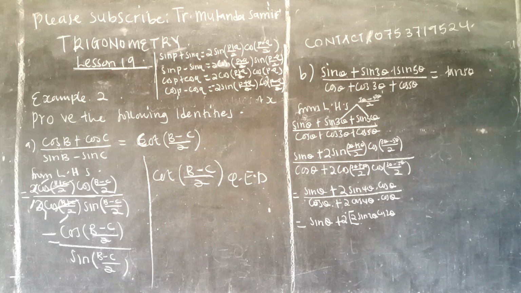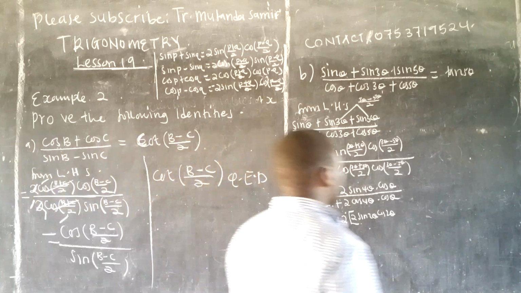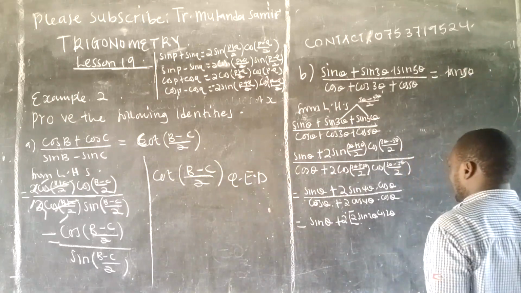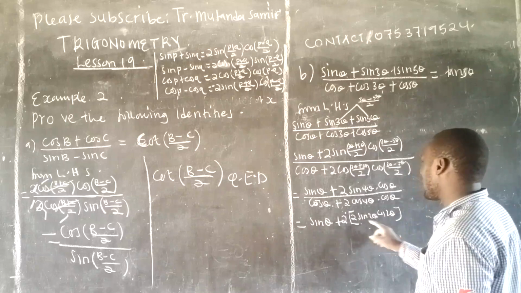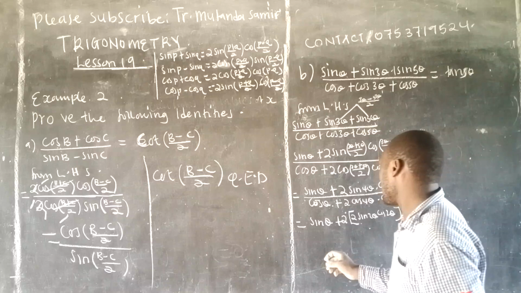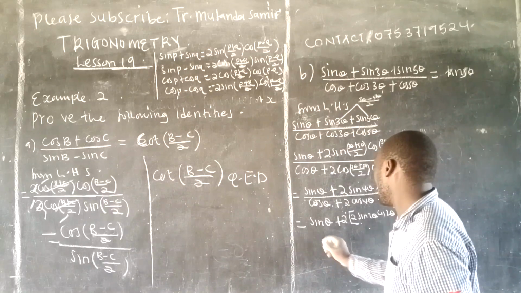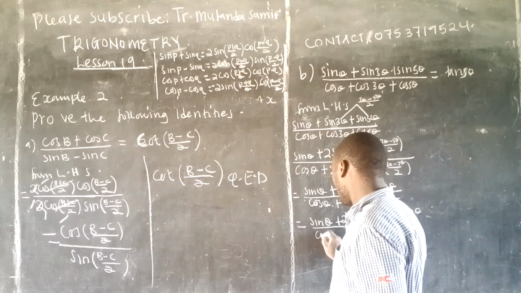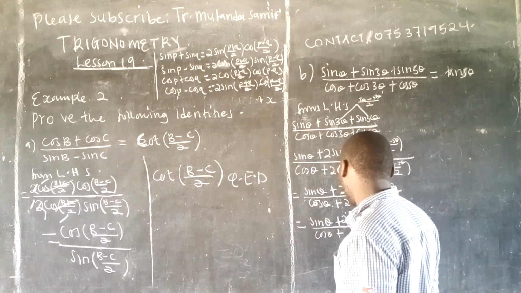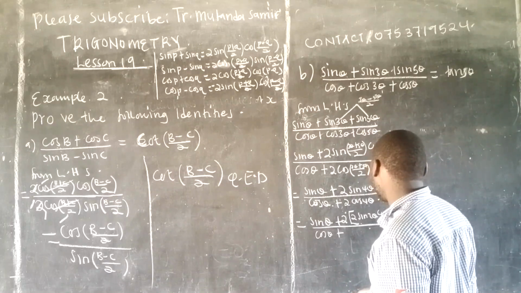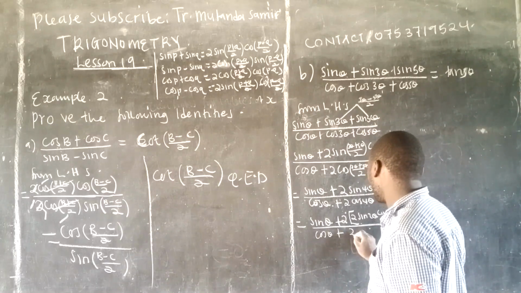It gives us tan 3, not tan 5, by the way, here. It gives us tan 3 theta. So I'm using double angle identities to put here cos theta over cos theta plus 2.